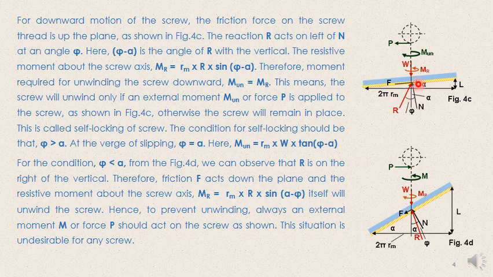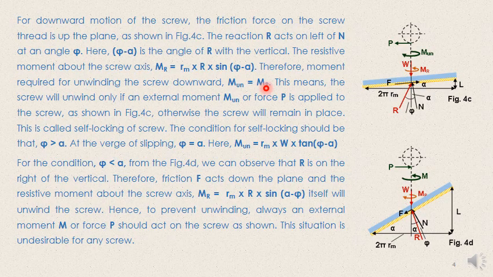Obviously again the component of this R perpendicular to the axial direction is in this way. So we can find the resistive moment, which is Rm into R multiplied by sine of phi minus alpha. Therefore, the moment required for unwinding the screw downward, M un, where un stands for unwinding, equals Mr.